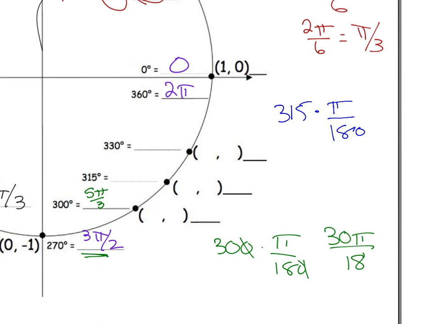So 315 and 180 can both be divided by 6, so this is going to be 7 pi over 4. And then 330 is actually going to be 2 pi minus pi over 6, so that becomes 11 pi over 6.